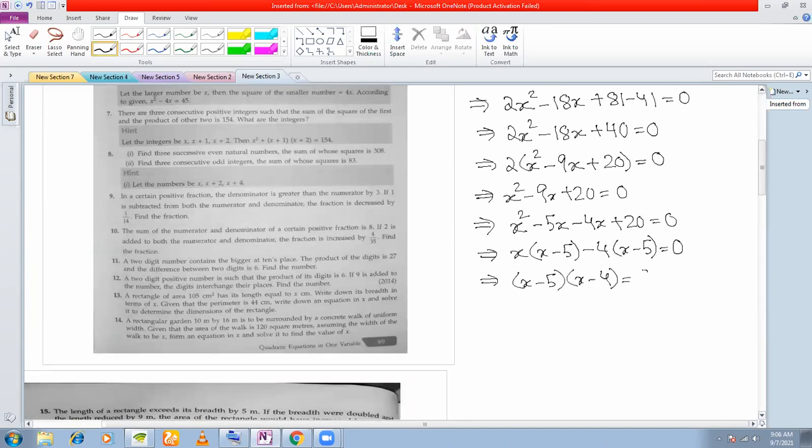Means you're getting (x minus 5) into (x minus 4) is equal to 0. That means either x is equal to 5 or x is equal to 4.